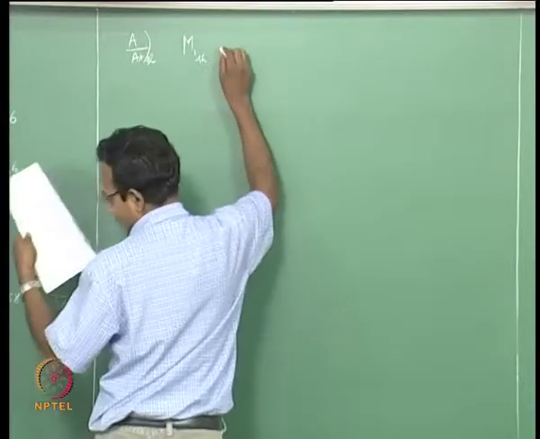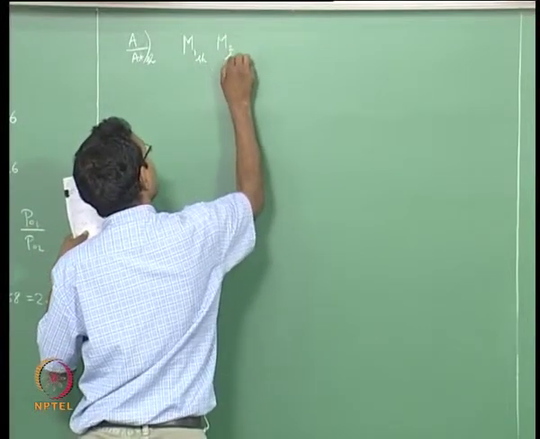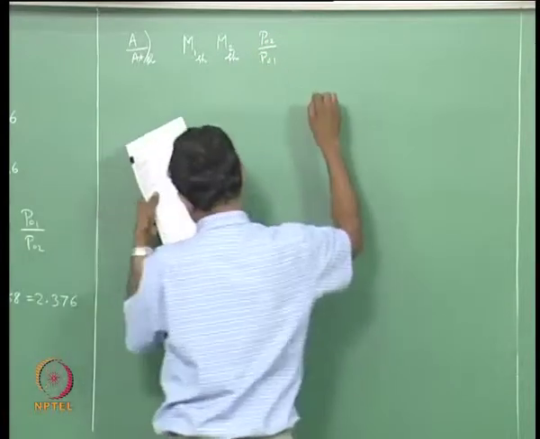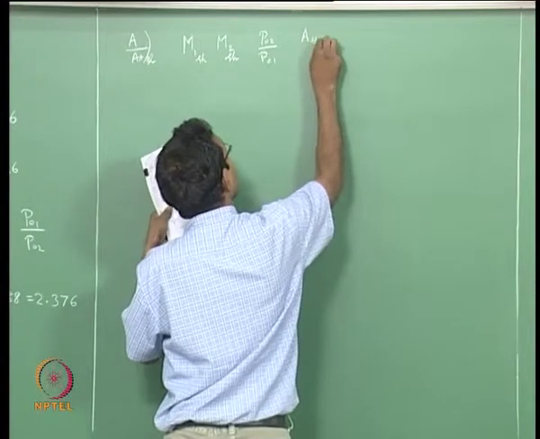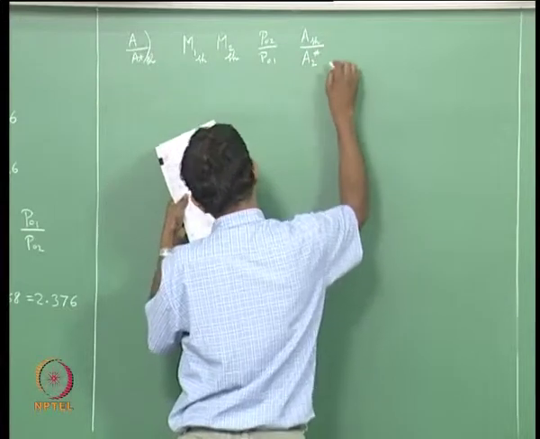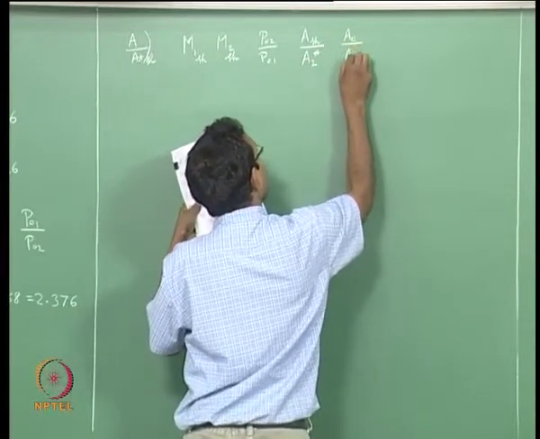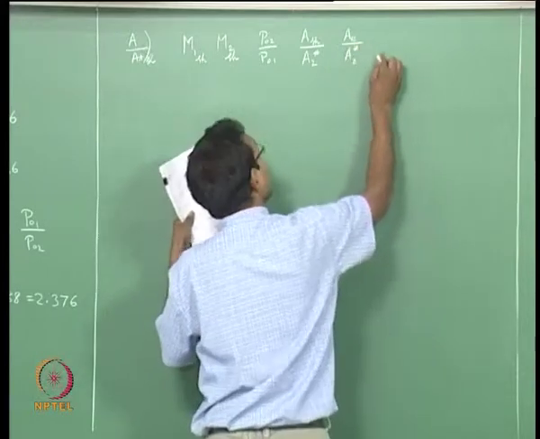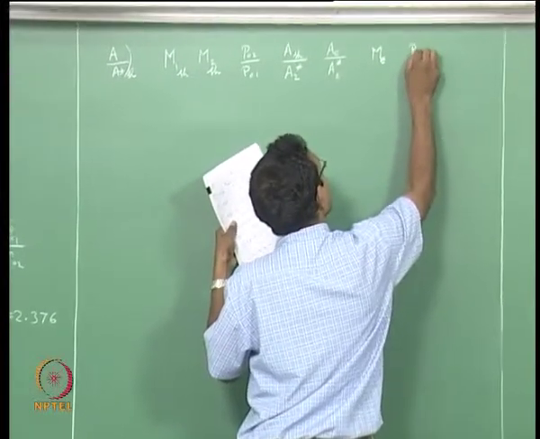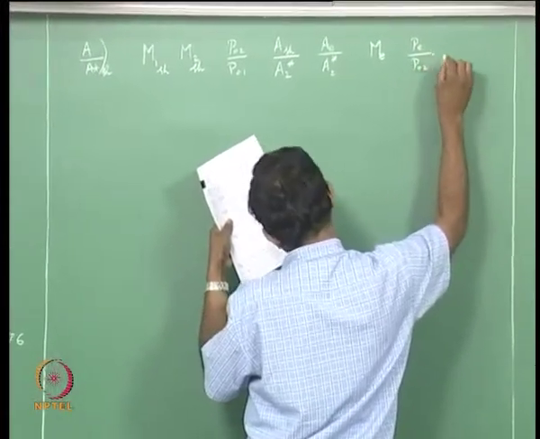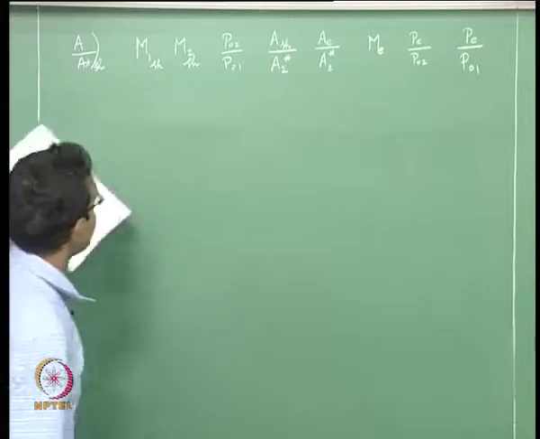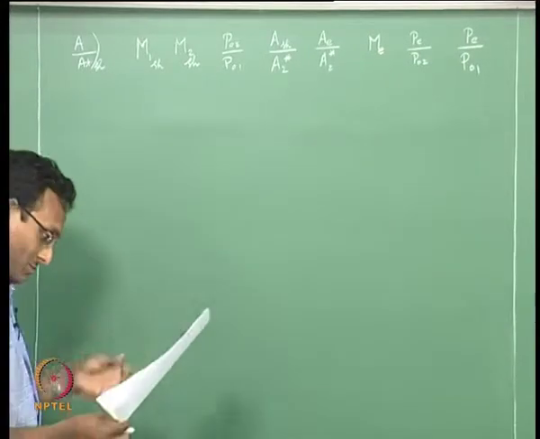M1 of shock, M2 of shock, P02 by P01, A shock by A2 star, A exit by A2 star, M exit, P exit by P02, P exit by P01. These are the things you need to calculate in this sequence so that you will get to the answer.